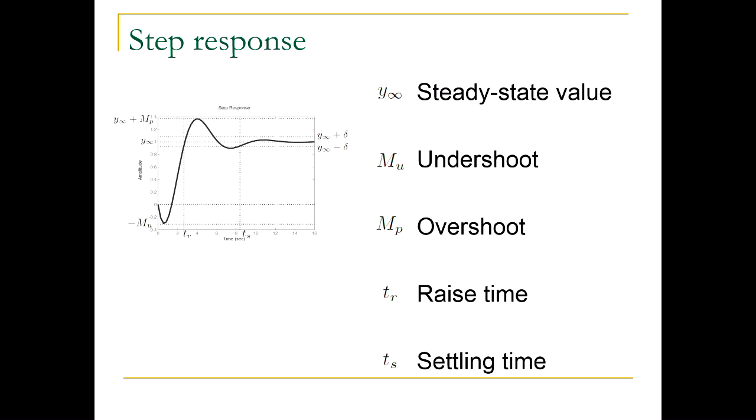This difference between the value where we want it to go and where it actually ends up in steady state is called steady state error. If you look at this response, by going to y infinity, you also overshoot. There's this sort of bump on top. That's called overshoot.